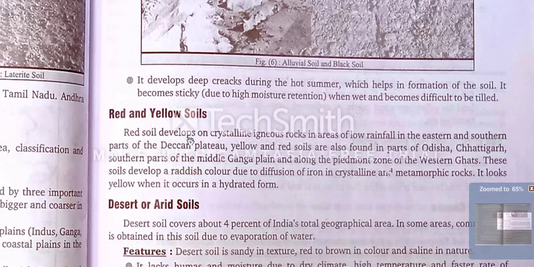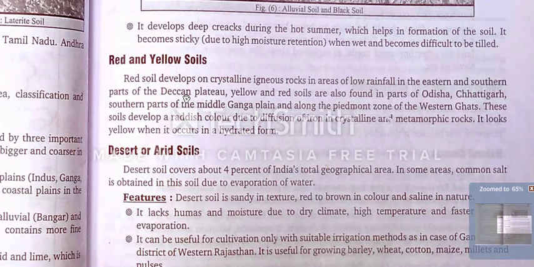Next, red and yellow soils. Red soils develop on crystalline igneous rocks in areas of low rainfall in the eastern and southern part of the Deccan Plateau. Where does the red soil develop and with the help of which rocks?